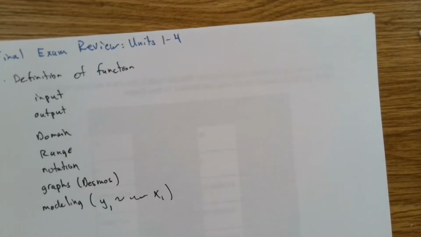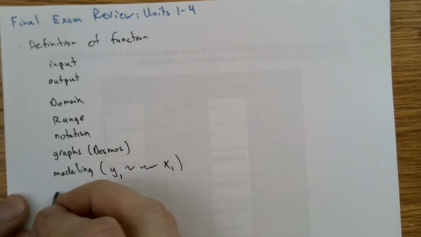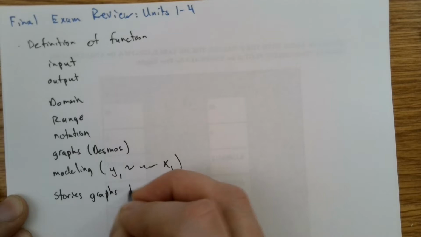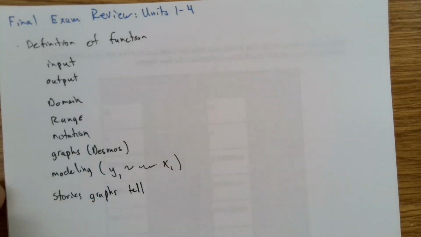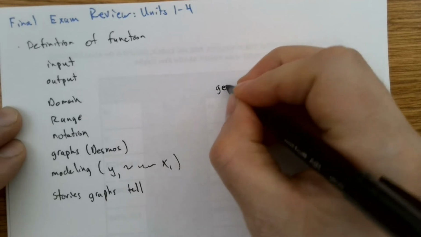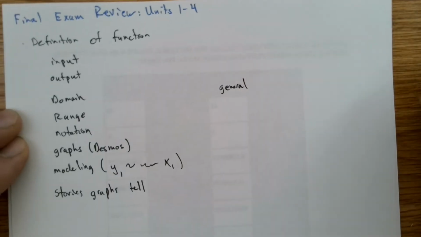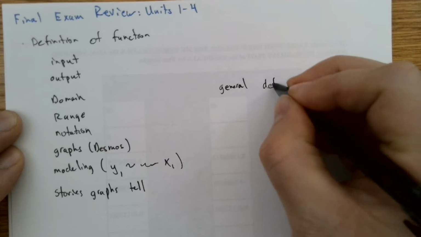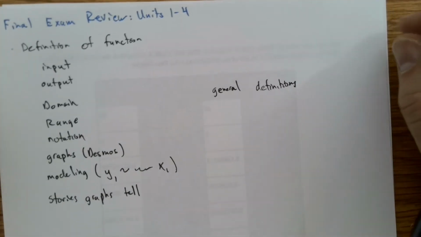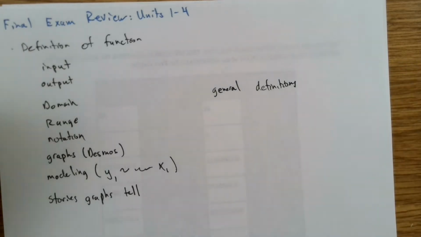We looked at also, say, the stories graphs tell. And this was all very general stuff, general definitions. So we didn't look at specific functions per se, just more of inputs, outputs, domain, range, all of that stuff. And we did look at various examples.